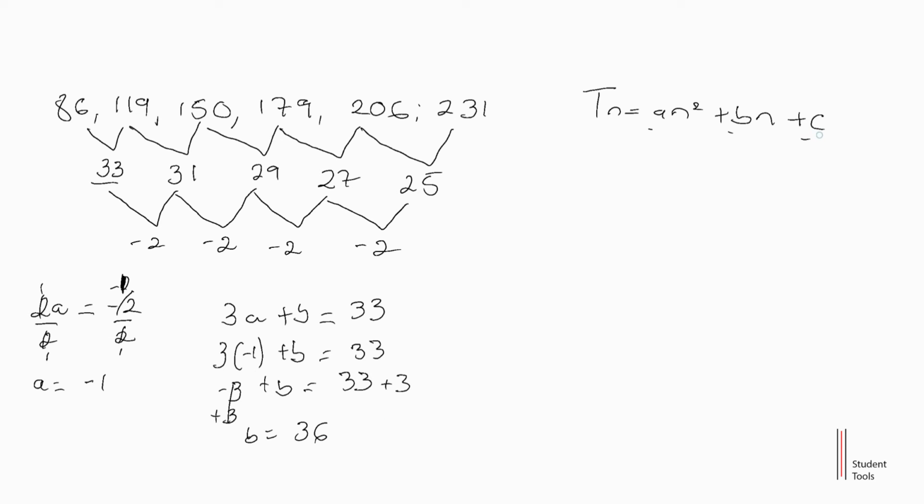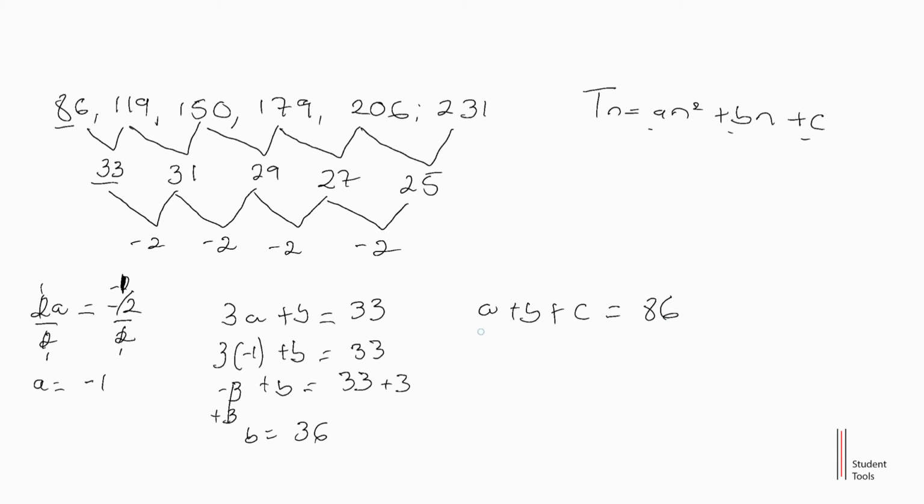So lastly, we have C. To get the value of C, we have another formula, the last formula, which is A plus B plus C is equal to the first term. So the first term here is 86. So equal to 86.